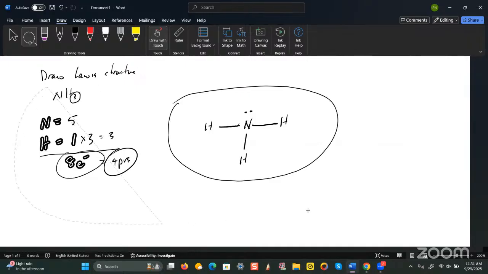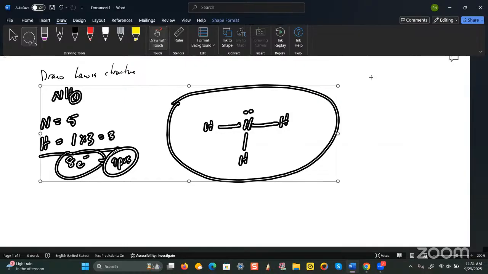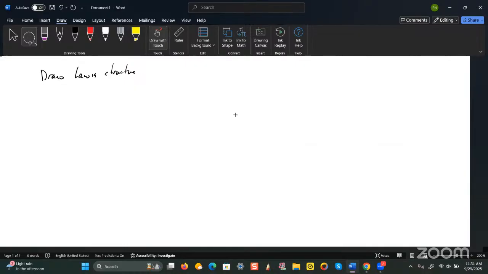Okay, so let's see here. Let's say you're given SCl2. So you're asked to do the same thing. You're asked to draw the Lewis structure.